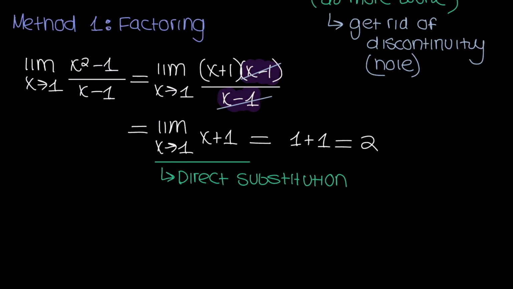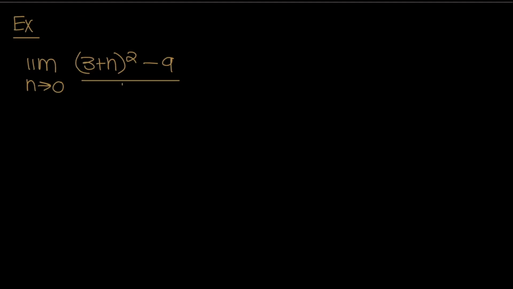Okay, now let's try this again with a different problem. We'll do another example on the next page. Limit as h goes to 0 of (3 plus h) squared minus 9 over h.